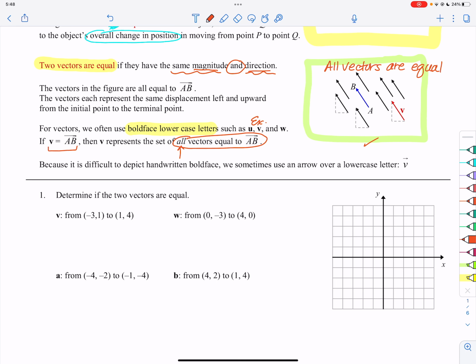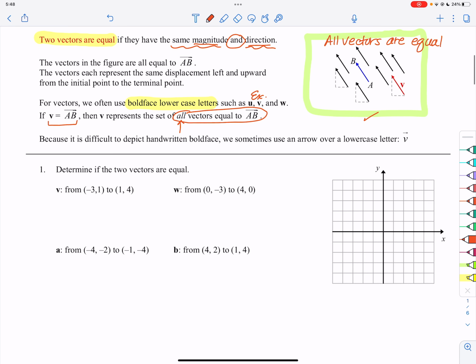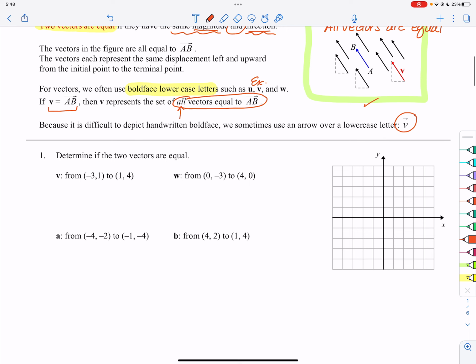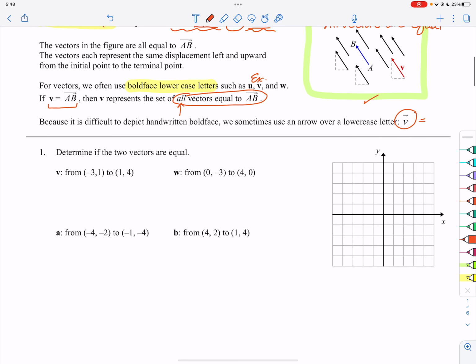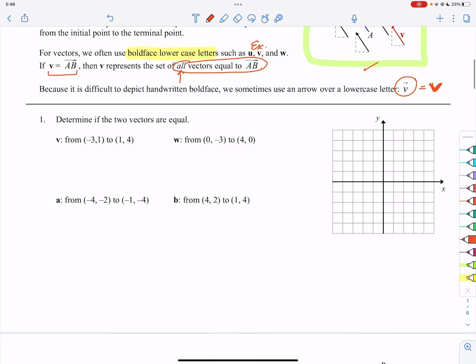It could be similar to this diagram where we have other ones. Because it's difficult to depict handwritten boldface, we will sometimes use an arrow over the letter. So keep in mind that this arrow over the letter is the same as a boldface V, okay? And that's how we will write a vector.